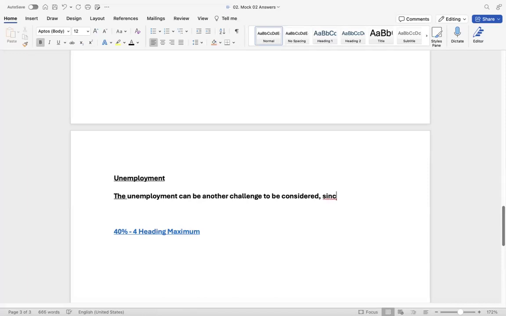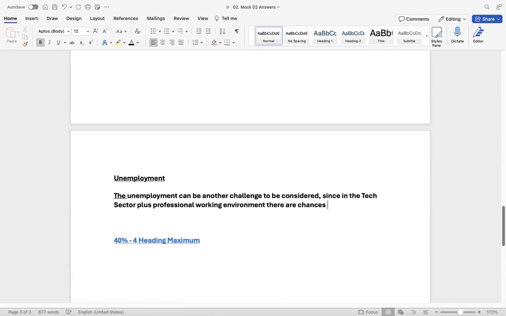Since in the tech sector plus professional working environment, there are chances that anytime working professionals can lose a job. In that case, they can vacate the premises anytime.